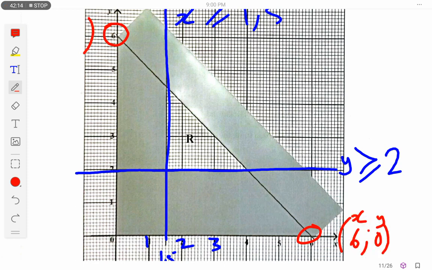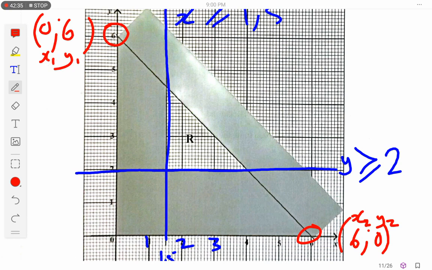Then for this upper top here, my x is 0, my y is 6. So this is x, y. I can say this is going to be my y2 here, x2 here, and then y1 here, x1 there.